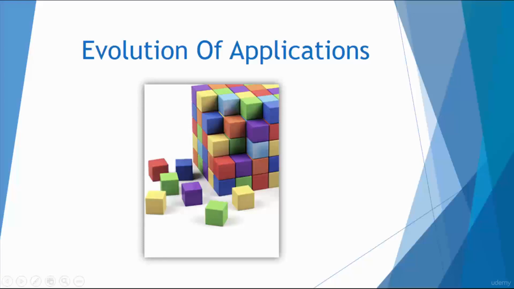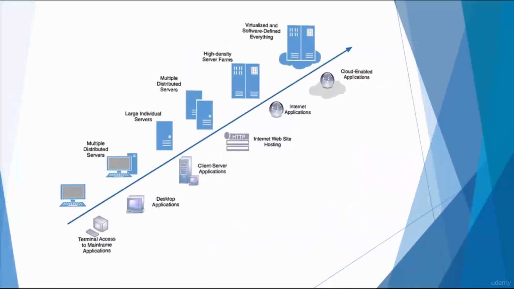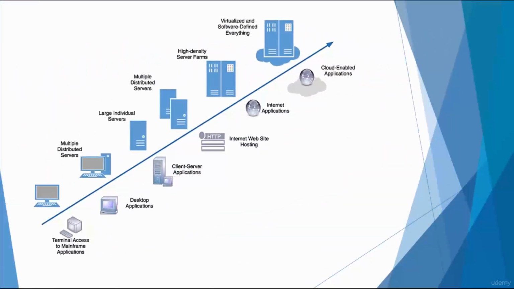In this lesson, I'm going to talk briefly about the evolution of applications. So we've seen that from terminal access to mainframe applications, to desktop applications, moving forward to client-server apps, and then eventually getting on the internet and ending up with cloud-enabled applications as of today.